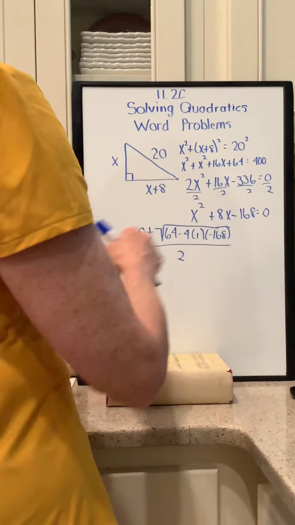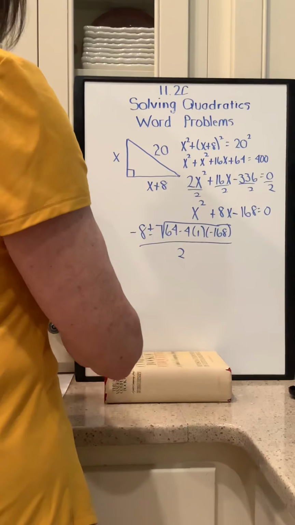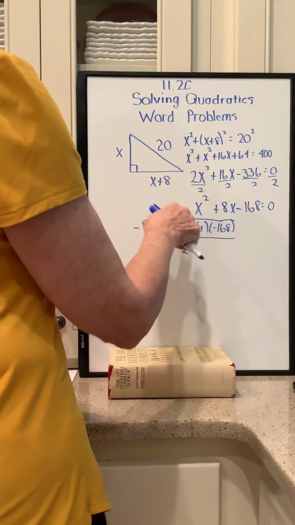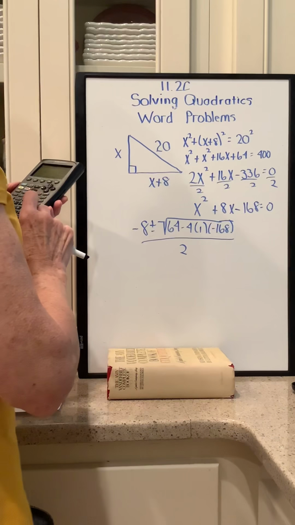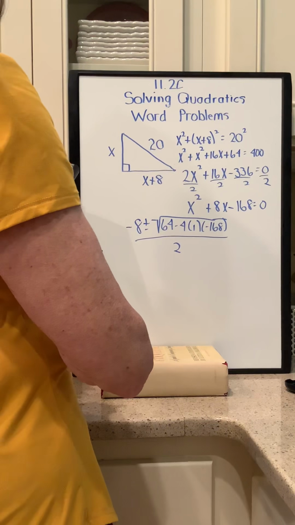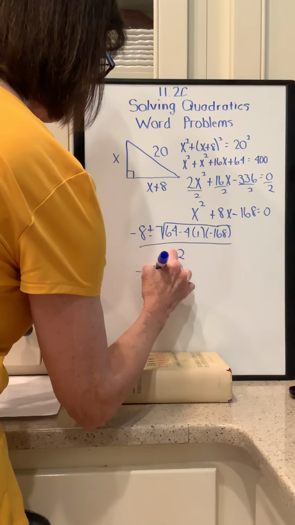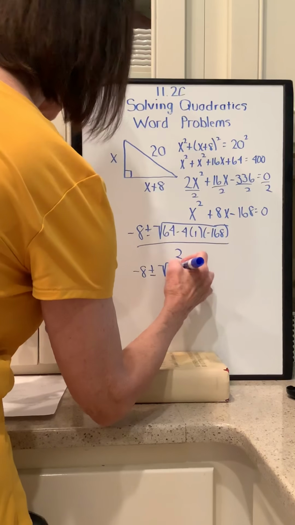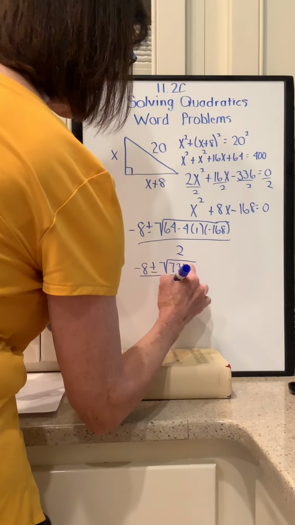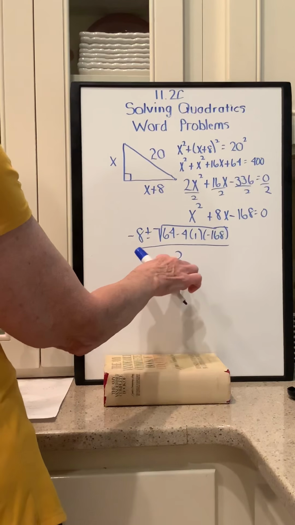So I'm going to multiply the 4 times the 168. Negative 4 and negative 168 makes it positive. I'm going to add that to 64, and I have negative 8 plus or minus the square root of 736, all over 2.